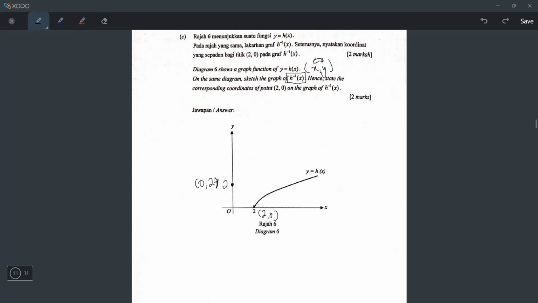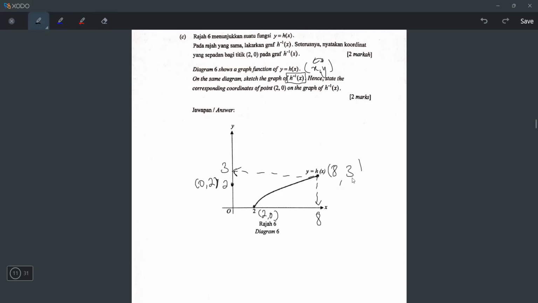Okay, (0, 2). And then this point, I don't know, but let's give it a number. Let's just use maybe 6, lebih kurang 6, right? 2, 4. Okay, like 8. It doesn't matter, because this one later I have to erase. So it's lebih kurang 8, and here I would say 2 up a bit, so like 3.